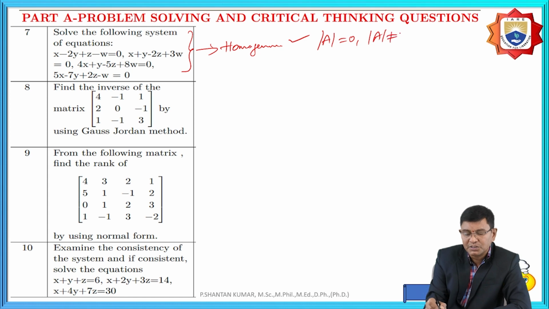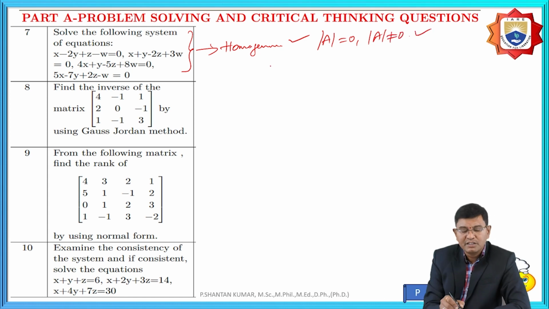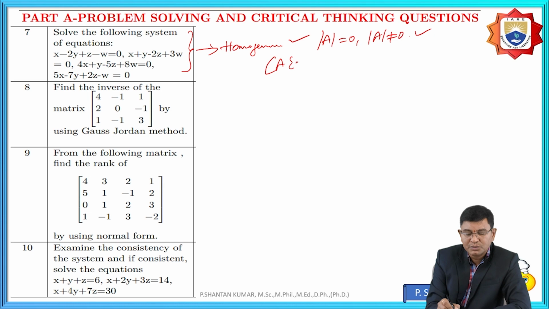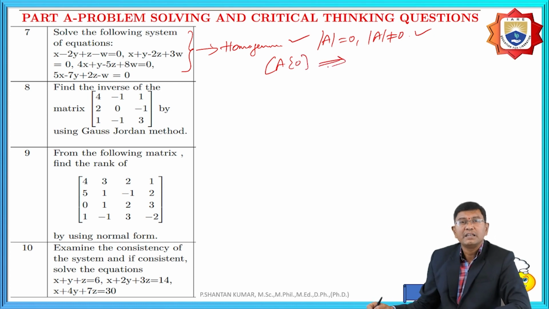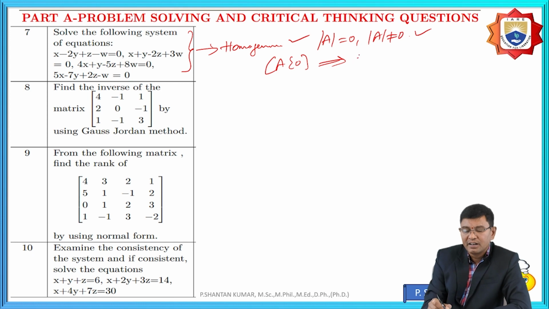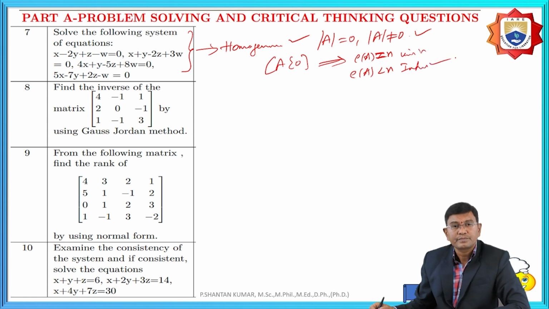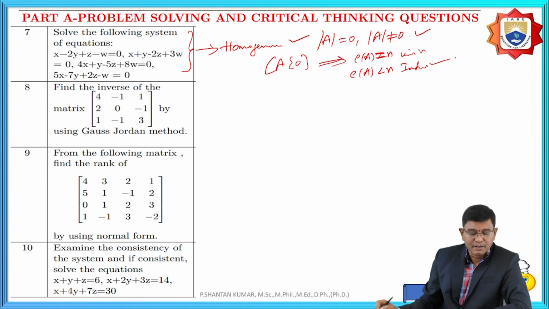We need to reduce it and find out the conditions. Based upon this, if the rank of A is equal to n, it has a unique solution, and if the rank of A is less than n, it has infinite solutions. Based upon that, you need to find the solutions. That is the meaning of the conditions.